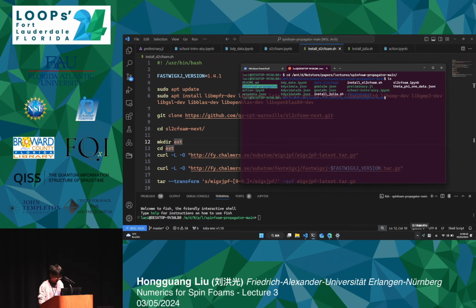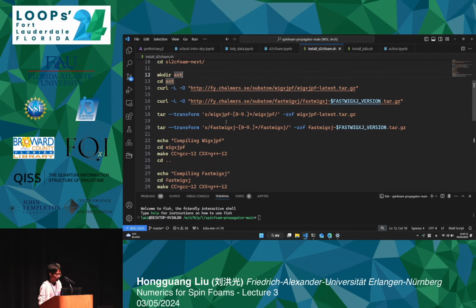So you just need to run bash and this install SL2Cfoam script. You need administrator rights because you may have some packages missing, so you need to install them. And then it will automatically download everything. I don't have internet, so it stops here. The internet is bad. But you can just run it.